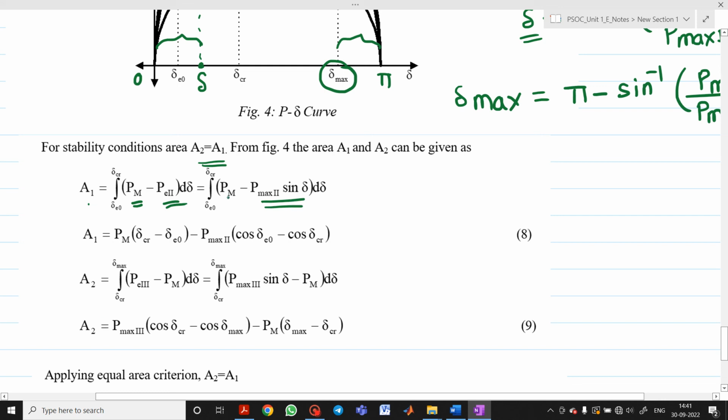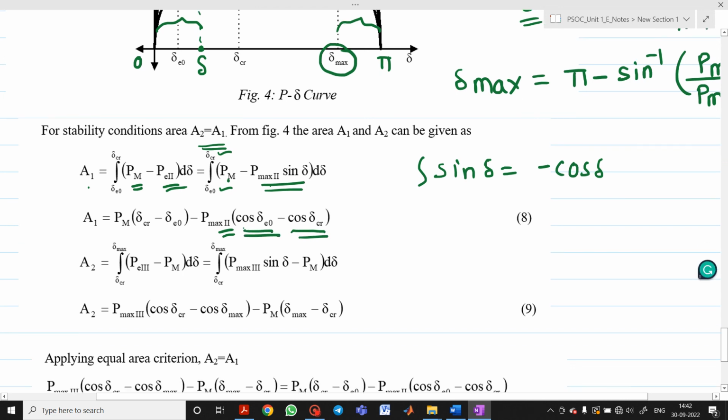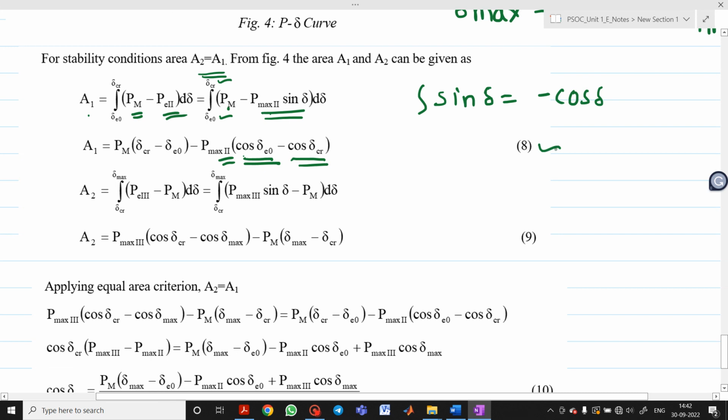If I substitute the upper limit, PM into bracket delta CR minus delta 0, minus Pmax2, I will take it common here. Integration of sine is minus cos. Upper limit is minus cos delta CR, lower limit will be delta 0. So minus minus becomes plus cos delta 0. Take this as equation number 8.